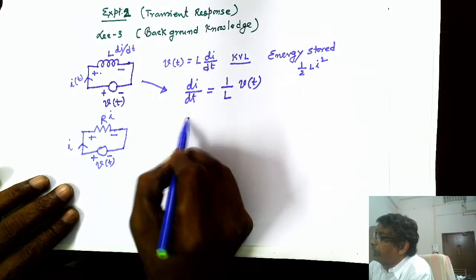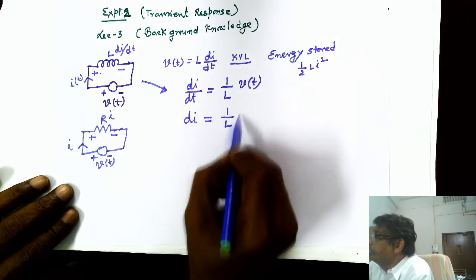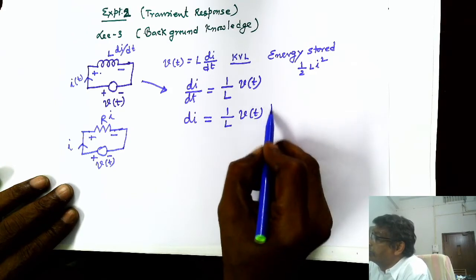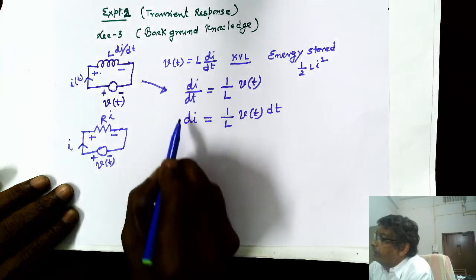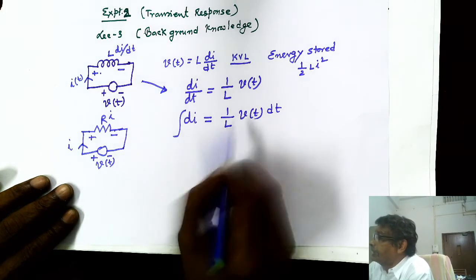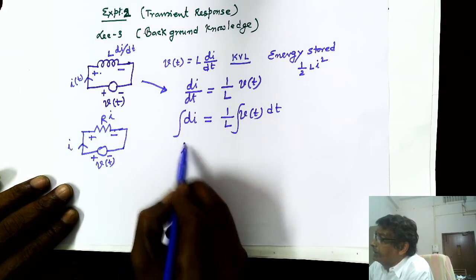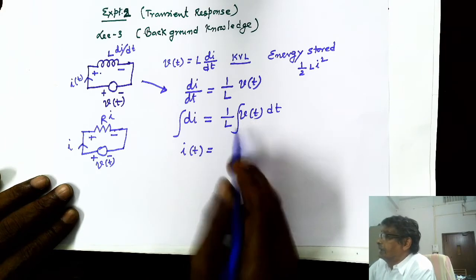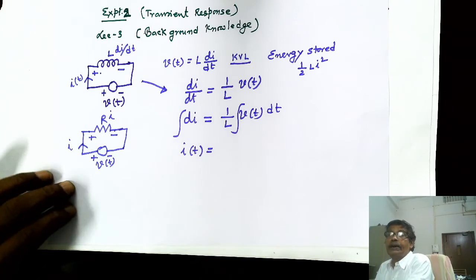Therefore, I write di as 1 over L V(t) dt, I bring dt to this side, and then I integrate both the sides, is it not? And this will then be the current i(t), and this will be the right hand side I have to calculate to get the current value.